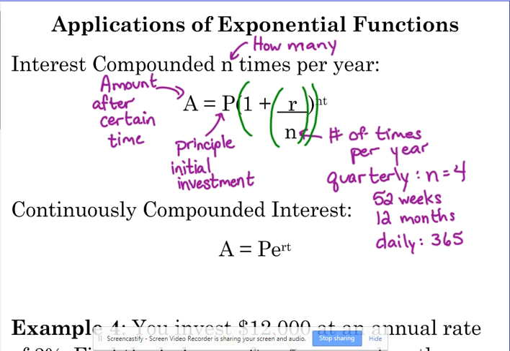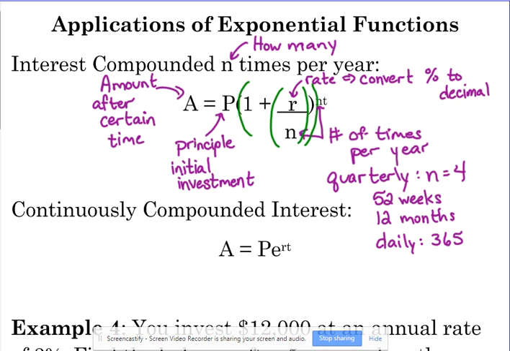Okay, r of course does stand for rate, but you have to convert percent to decimal. Now, the percent probably already has a decimal to it, like 6.2%, but when I'm saying convert it to a decimal, you have to move the decimal place 2 places to the left, or you will not get the right answer.